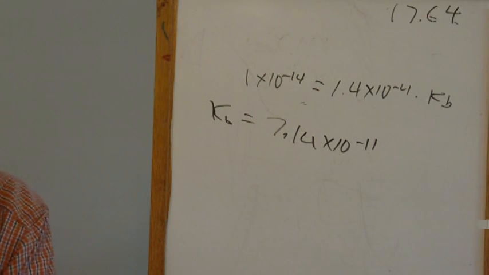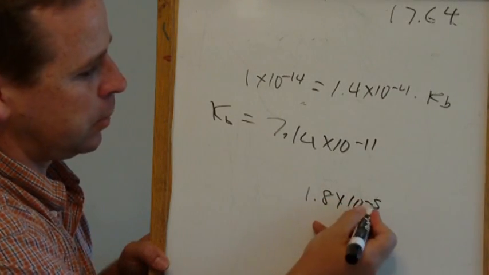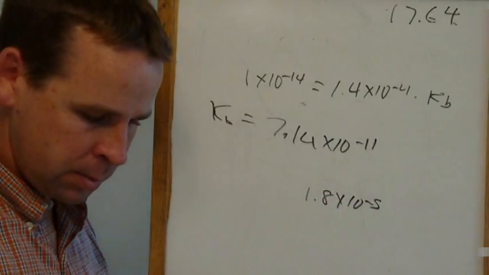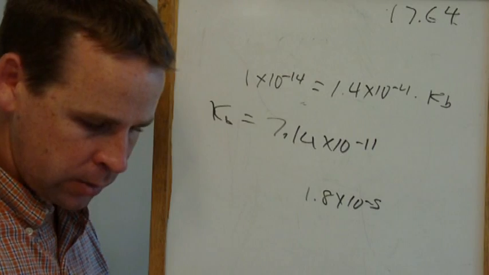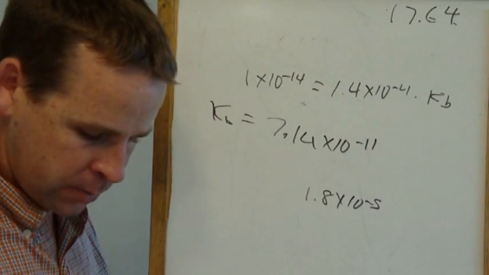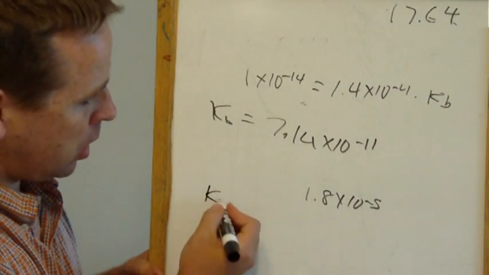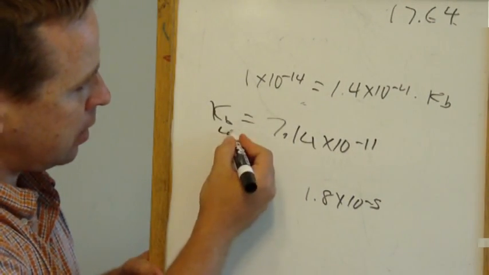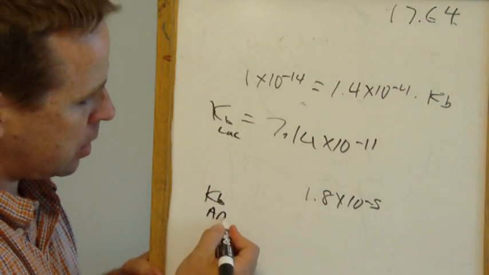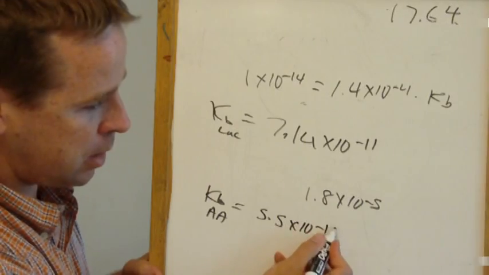It's 1.8 times 10 to the minus 5. To find the Kb, we take 1 times 10 to the minus 14 and divide it by 1.8 times 10 to the minus 5. So this is the Kb for lactic acid, and this is the Kb for acetic acid, and this one is 5.5 times 10 to the minus 10.